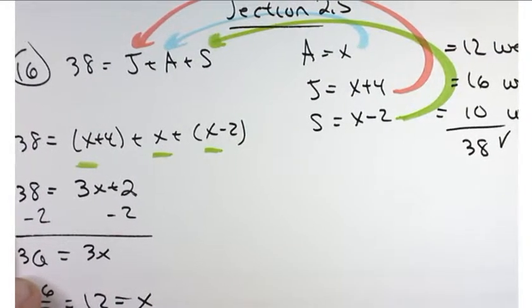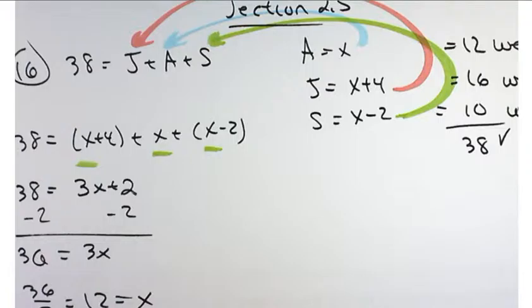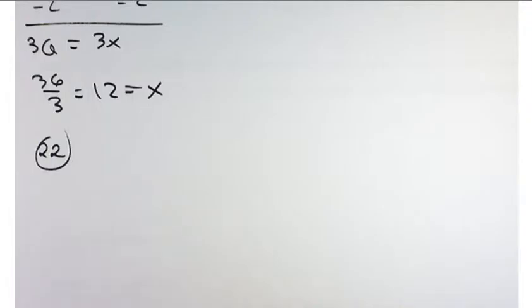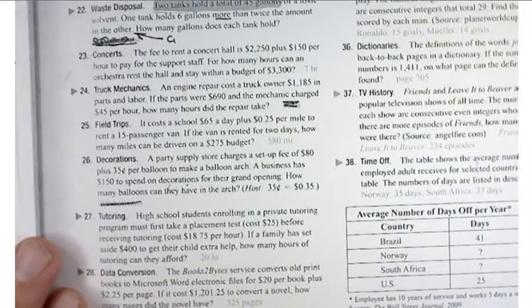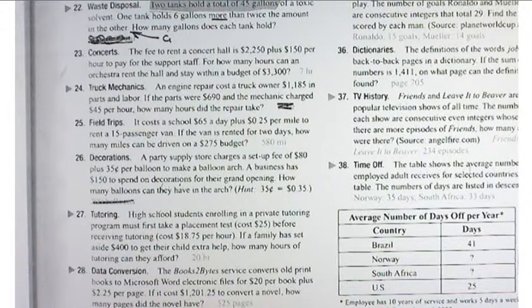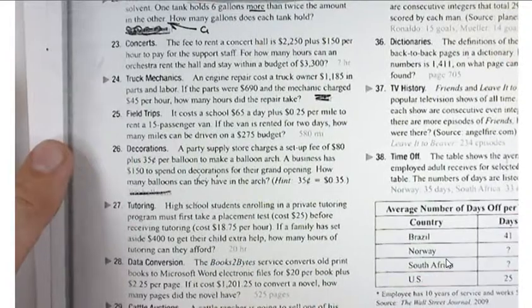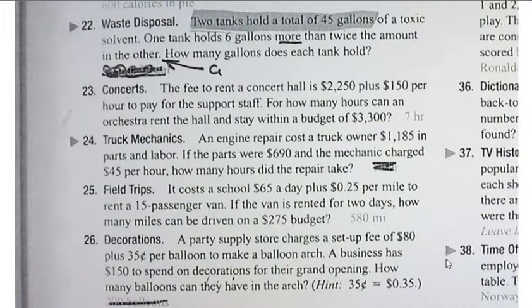Okay. Let's try problem number 22 then. Okay, so you have 2 tanks that hold a total of 45 gallons of toxic solvent.